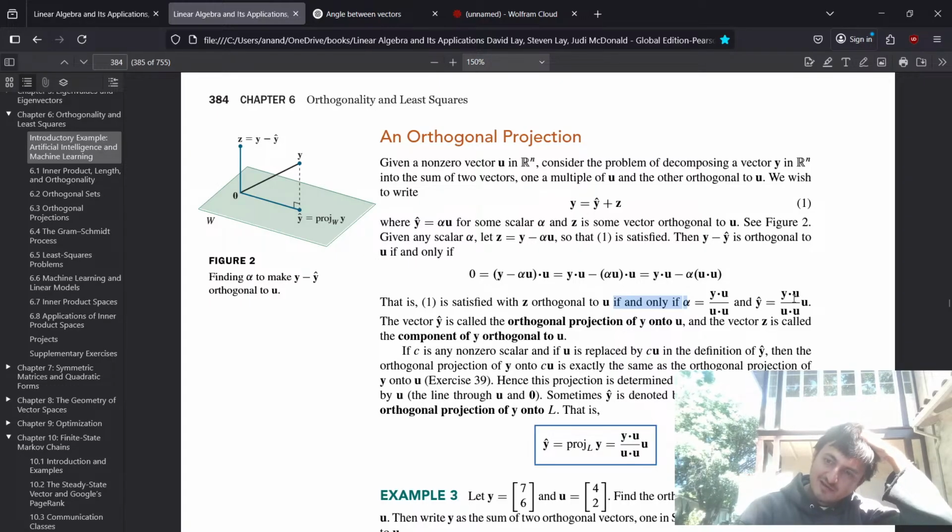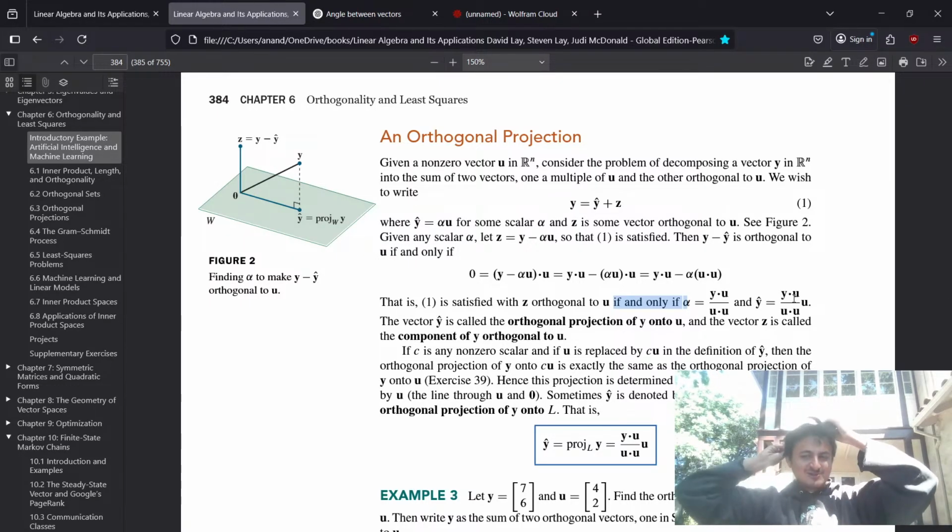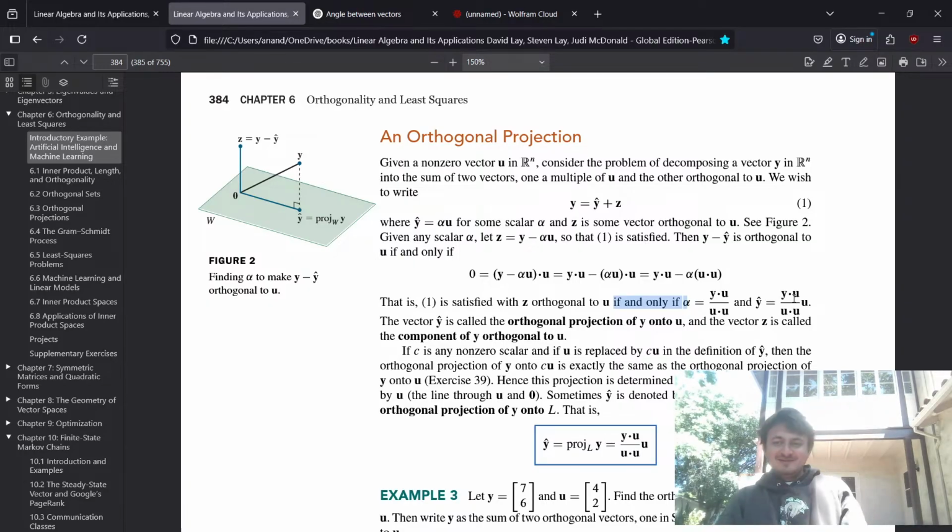I knew that in the last section when they asked us to compute this stuff, they weren't just doing it for no reason. So y hat is y dot u over u dot u times u.